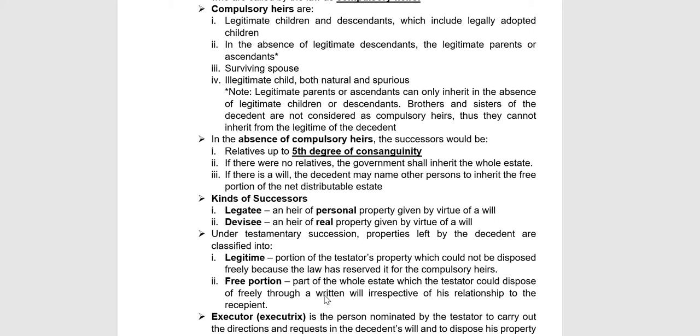The free portion, on the other hand, is the part of the whole estate which the testator could dispose of freely through a written will, irrespective of his relationship to the recipient. So, there are rules for that, no? After the legitime, no, once the legitime is complied with, the excess, no, is free for the testator to dispose of, the free portion.